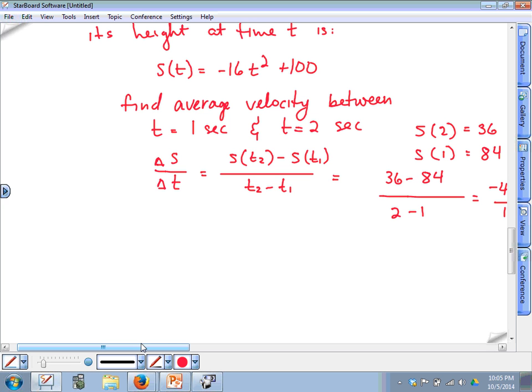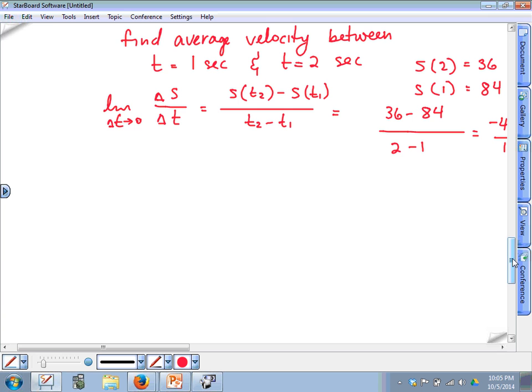But if we wanted to find what's called the instantaneous velocity at a specific moment of time, then that would be the limit of this as the change in time approaches 0. Well, this is just that limit process that we talked about in section 2.1. This is nothing more than the derivative.